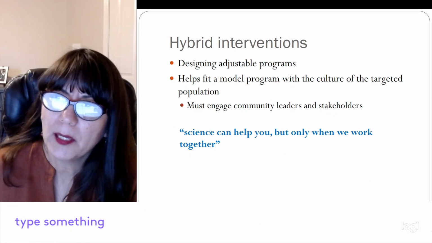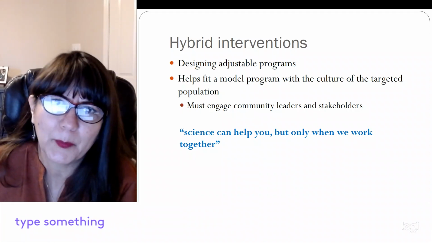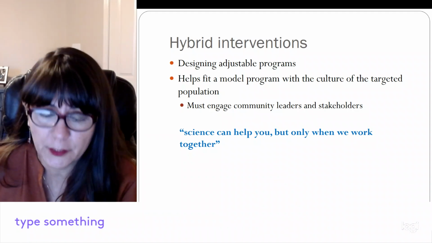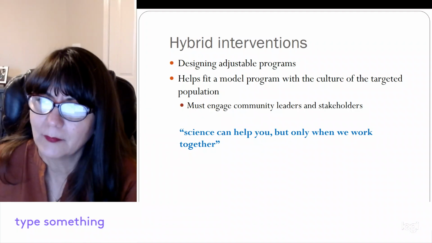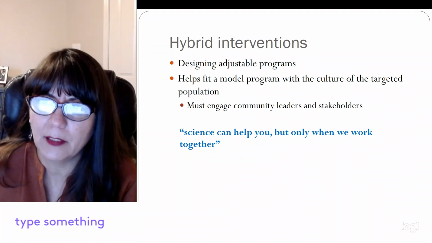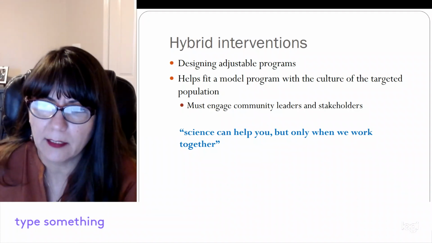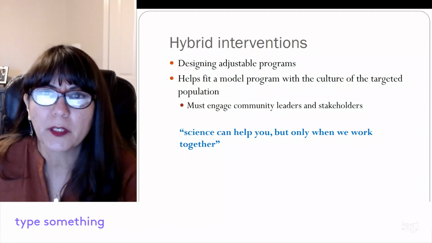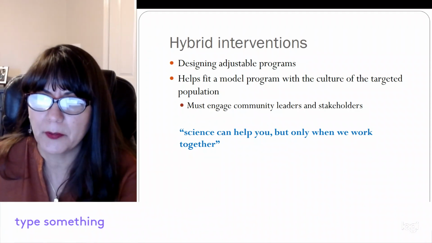So they talk about these hybrid interventions, kind of designing programs that can be adjusted for different cultural, ethnic groups or special subtypes of groups. And so basically they would have all the important therapeutic and theoretical components, but you would still need to do some homework to adjust the program to the particular type of population.